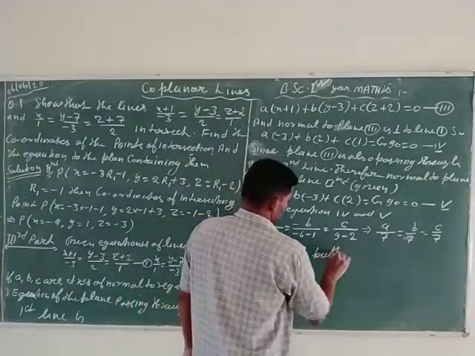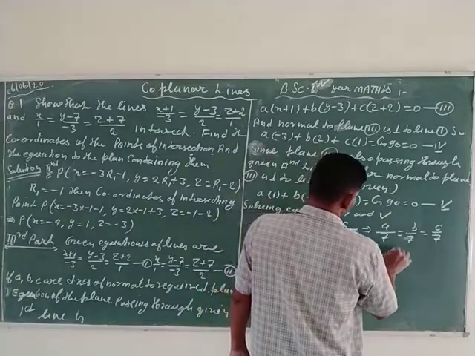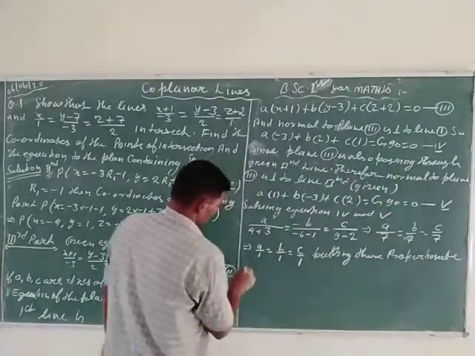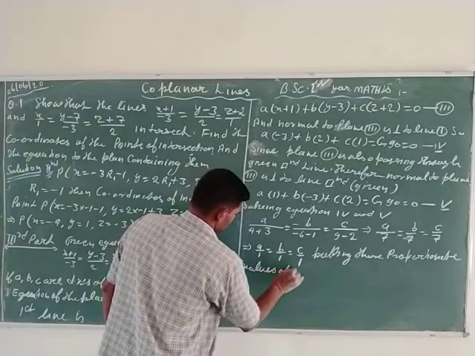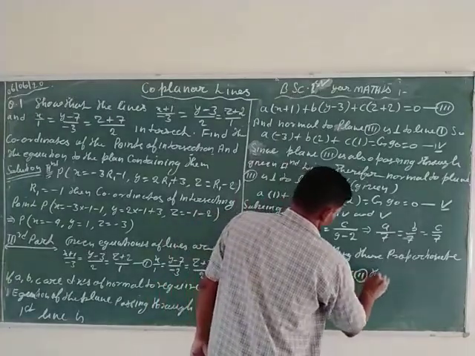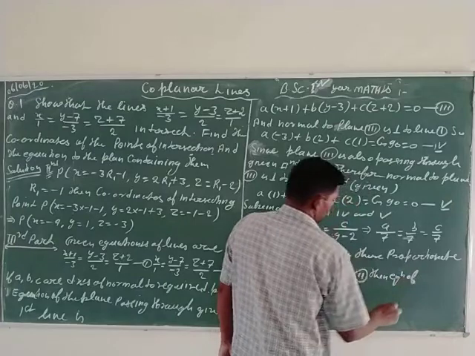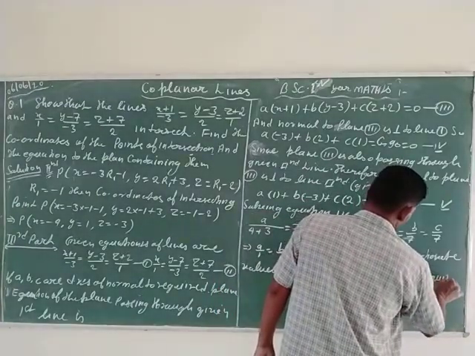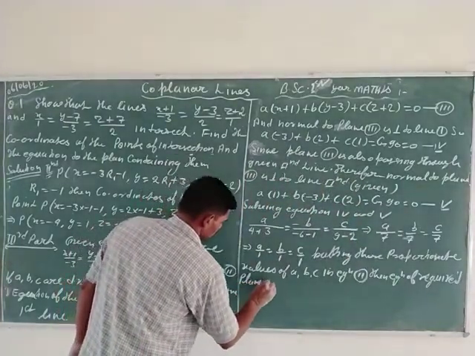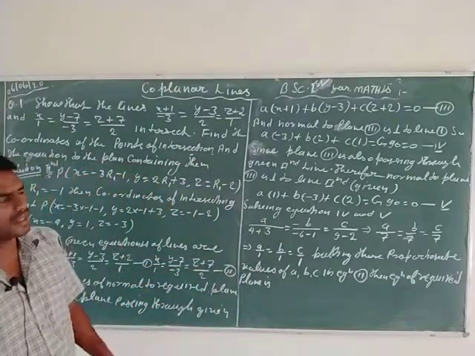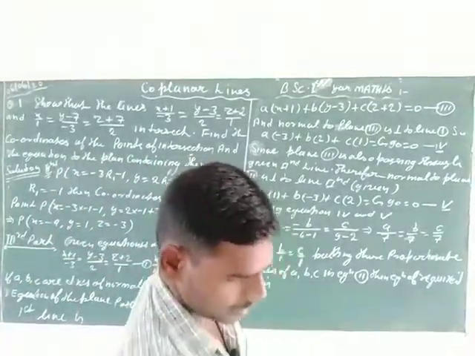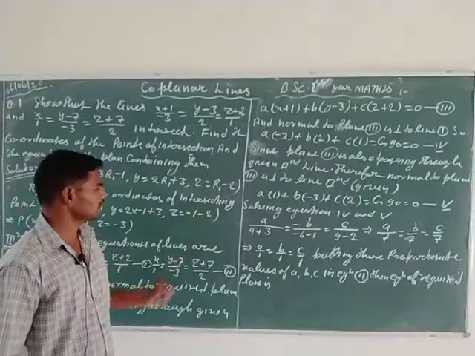Putting these proportionate values of a, b, c in equation 3rd, we get the equation of the required plane which contains the given two straight lines, first and second.